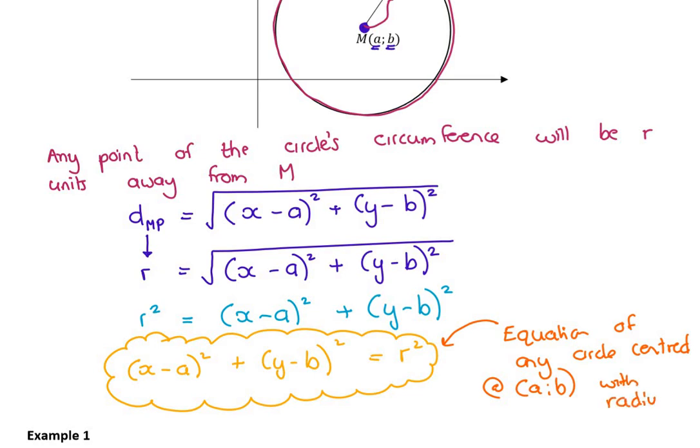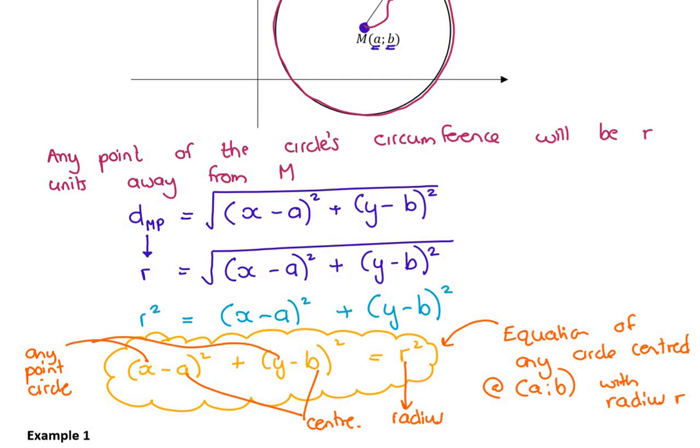So very important just to understand, this is my radius, and then a and b represent your circle center, and this is my center. x and y are obviously any point, so this x and y represent any point on your circle. So your equation will always have an x and a y in it because they represent a point on the circle.